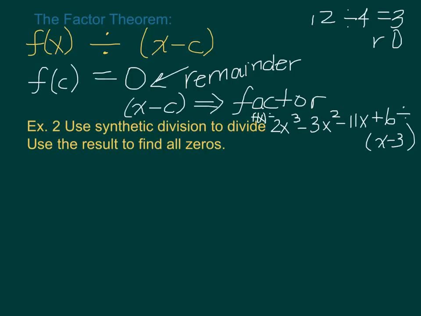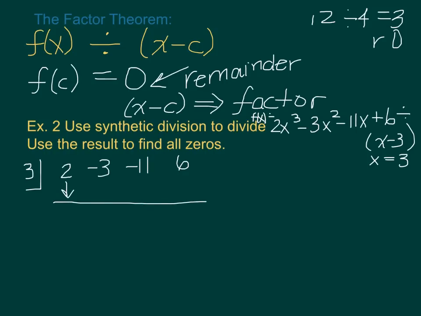So I'm going to set that equal to 0. Oh, and then we're going to use the result to find all the zeros. So 3 is my divisor. I don't have any terms missing, so I'm going to use 2, -3, -11, and 6.